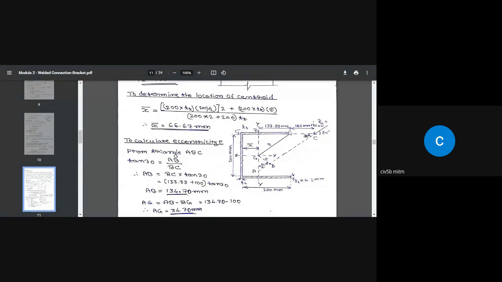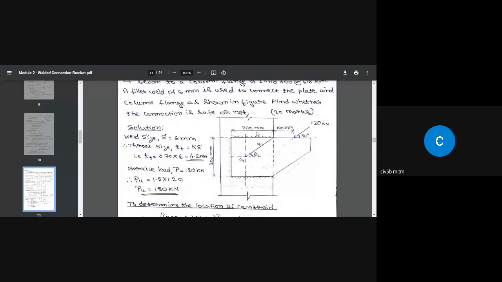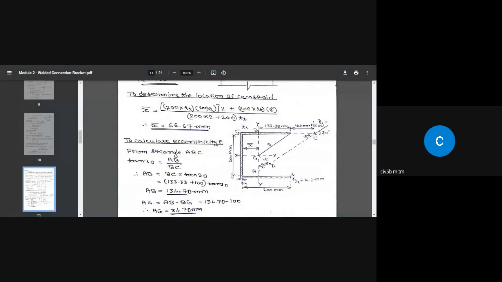So this is 200 millimeter given. See here, 200 millimeter. This is 200 millimeter. This is 200 millimeter. Okay. So once this is 66.67, this should be 200 minus 66.67, that is equal to 133.33 millimeter. So this distance is that. If you draw a vertical line here, extend this, this distance is going to be the same thing, 133.33 millimeter.